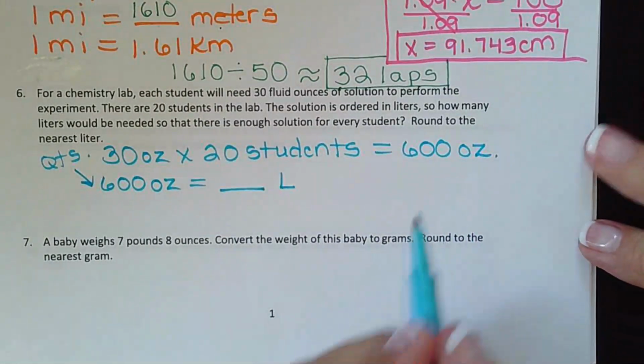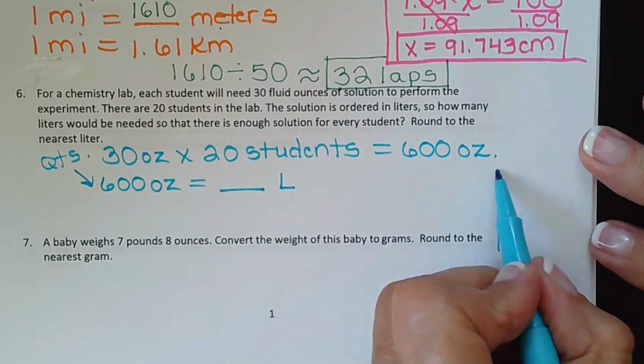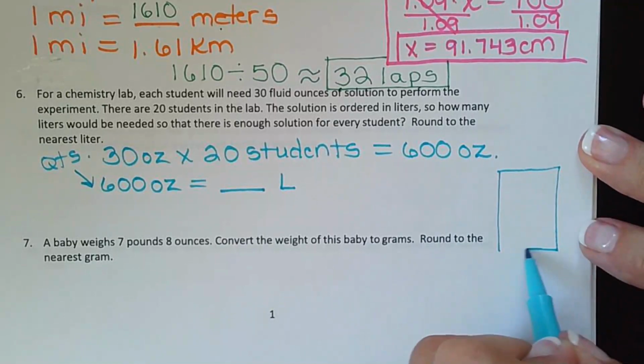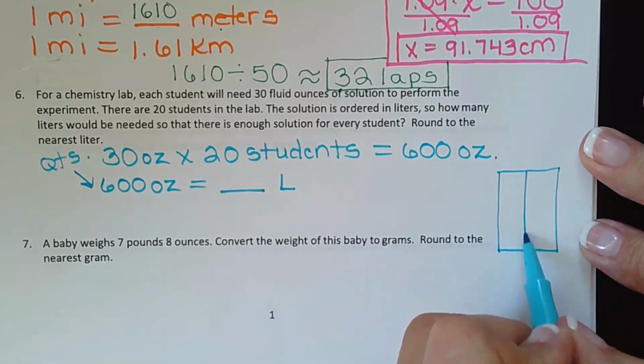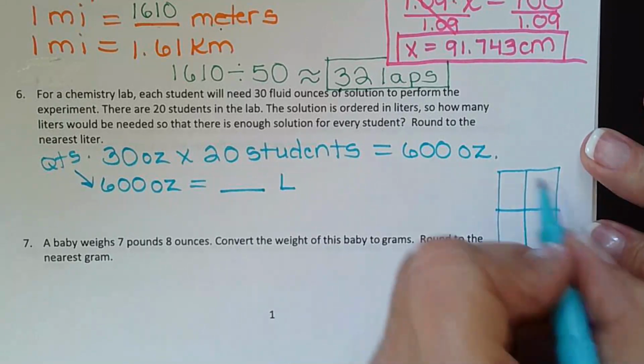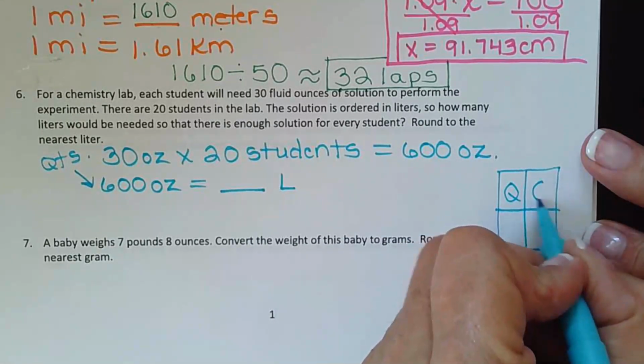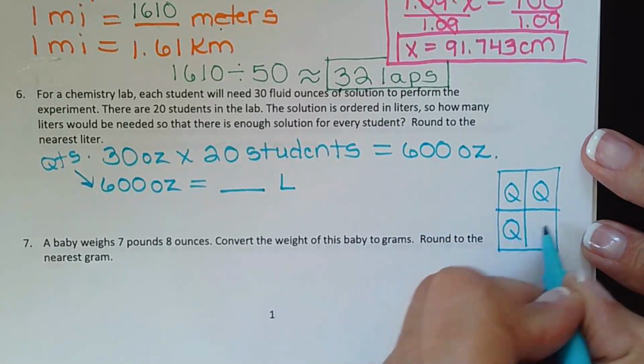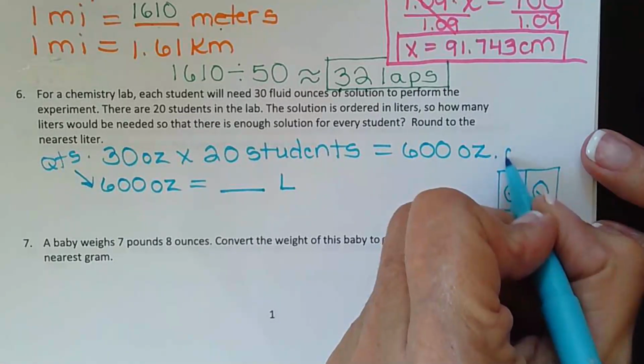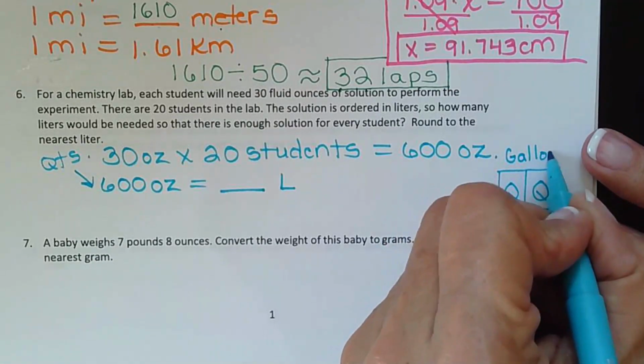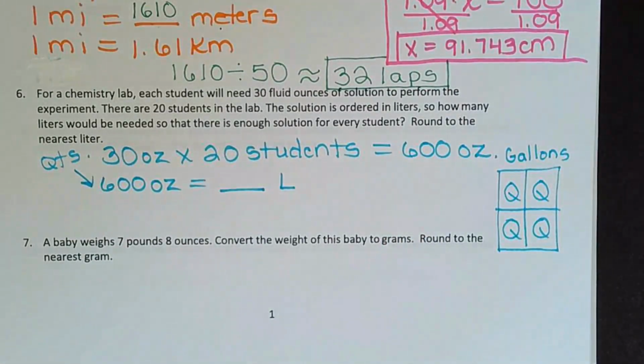So gallon man to the rescue. We have the gallon man, who is made up of 4 quarts. We just need to know how many ounces are in each quart.